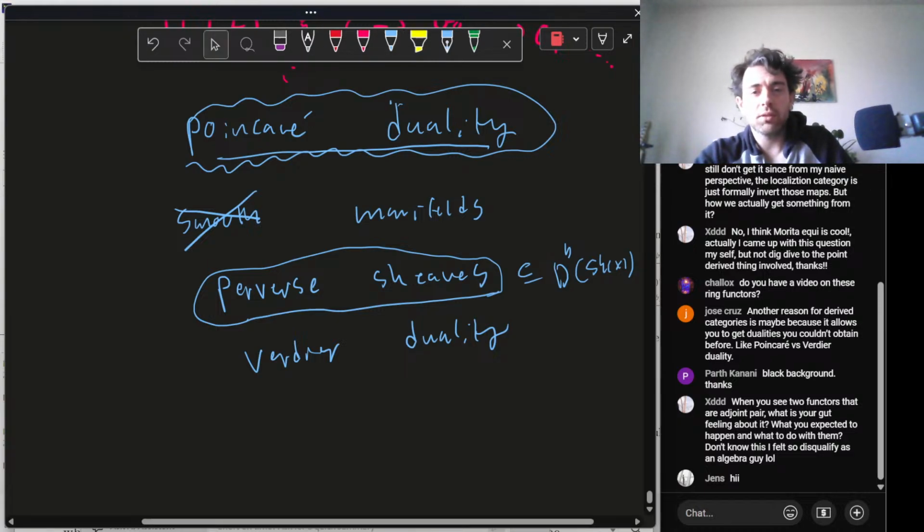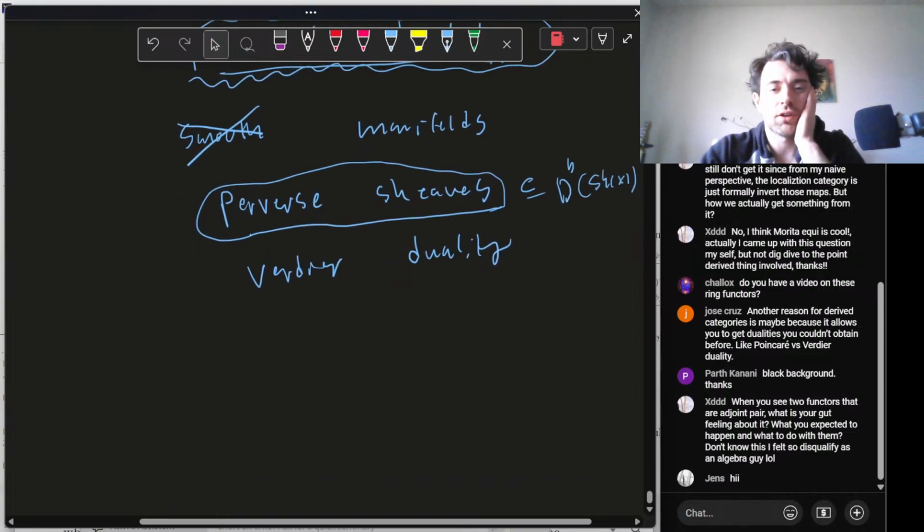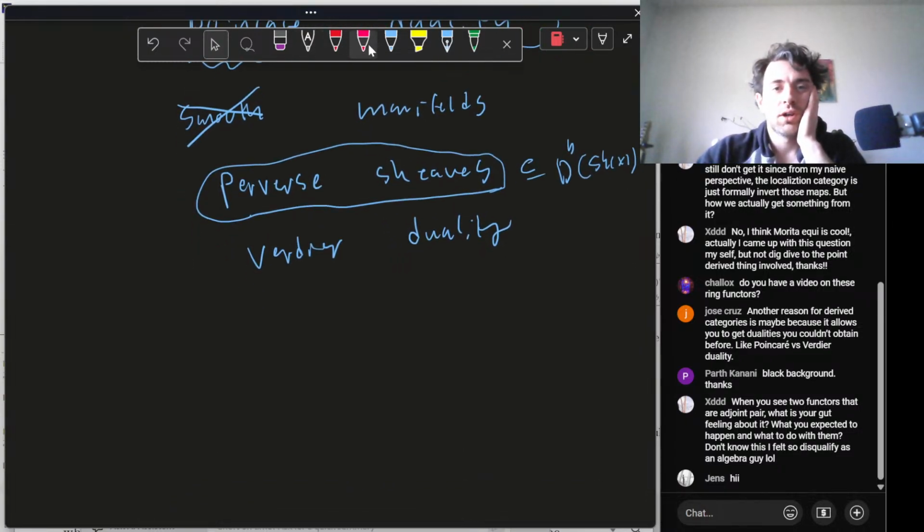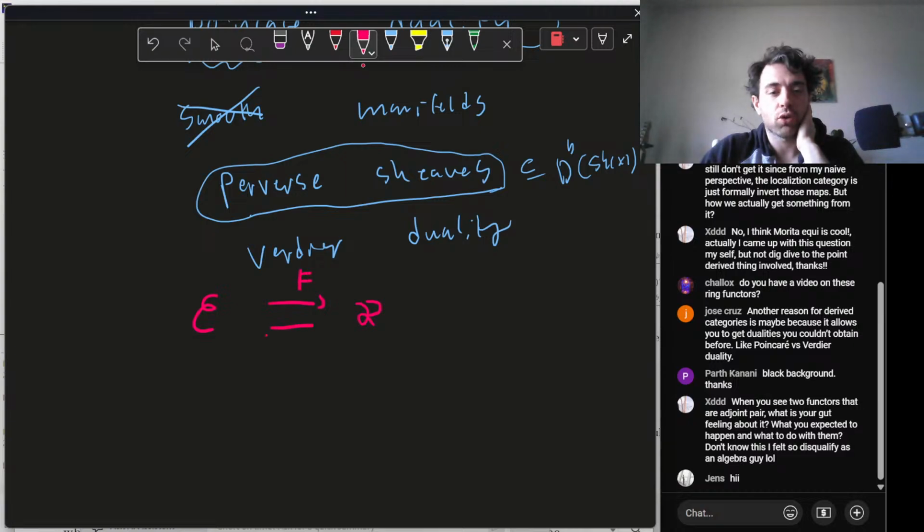Yeah, so I think there's a few different ways you can think of adjoint functors. One way is, of course, if you have two categories, and you have a pair of functors realizing an equivalence between them. Well, then it's pretty easy to pass information back and forth, right? Maybe they're both module categories. You can take a module over one ring, turn it into a module over another ring, and pass information back and forth, right?